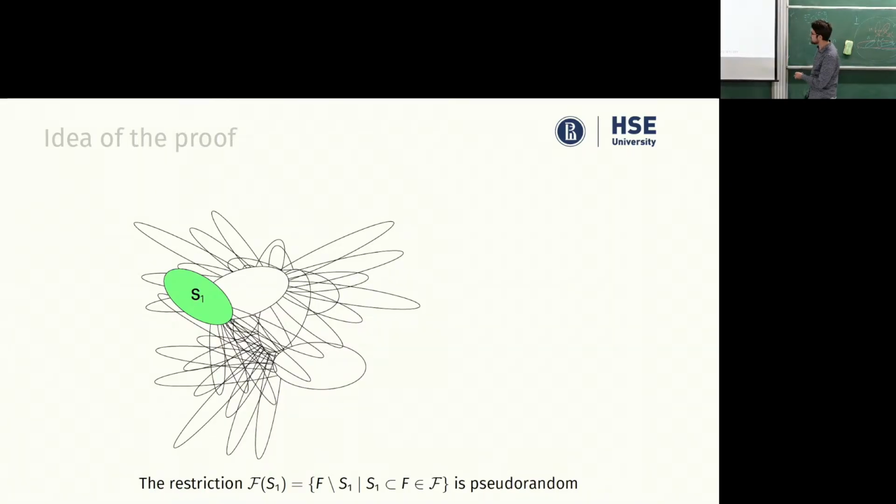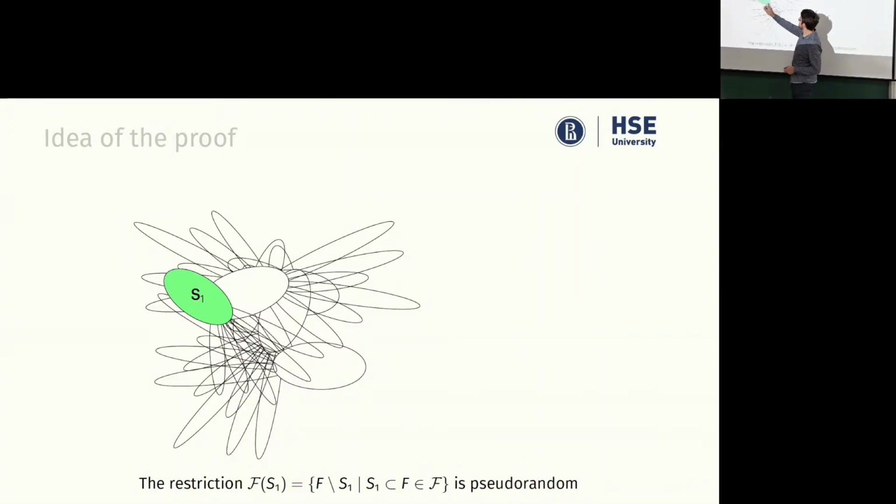So, roughly speaking, you find some set S1 such that restricting on this set, your family is pseudo-random.